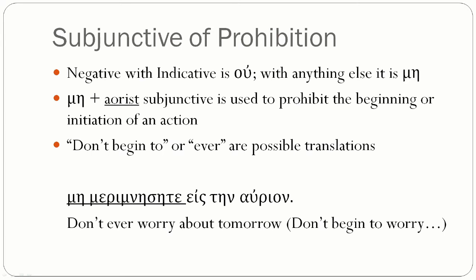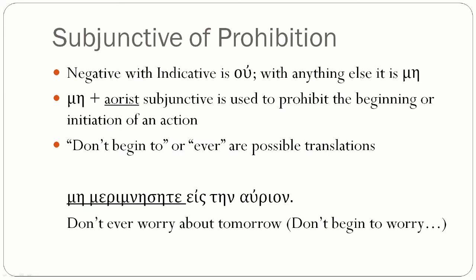Example there, me merimnesete. That's a great contract verb there, merimnao. And it kind of sounds like somebody ruminating or gnashing their teeth or something. Me merimnesete. That word there means to worry, okay, or to fret. So do not worry about tomorrow.